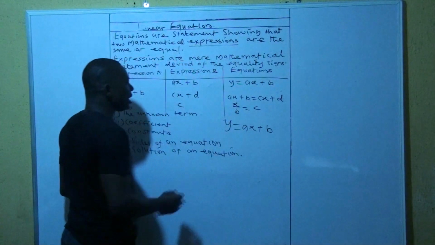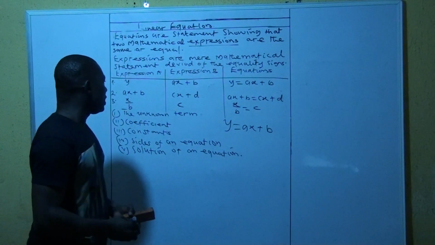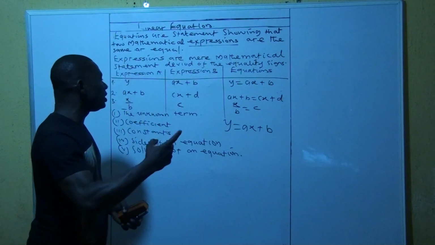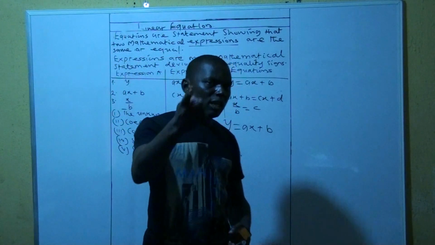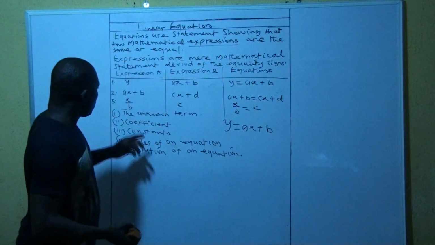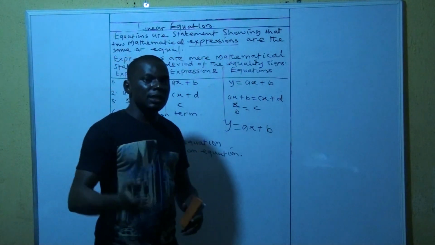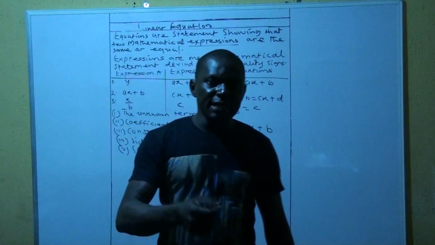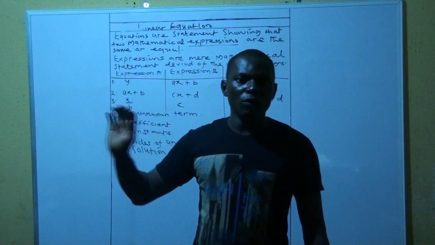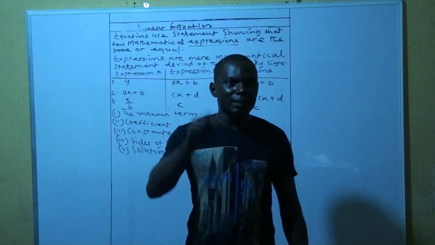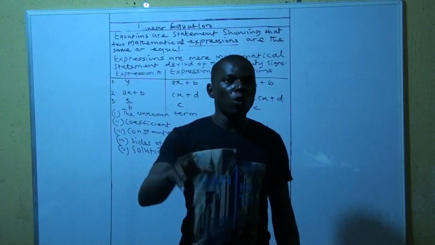Then let's look at the meaning of coefficient. So the unknown term is that term which we are here to determine in an equation. Then coefficient. In mathematics, a coefficient is any numerical value attached to an unknown variable, or any numerical value that multiplies an unknown variable.